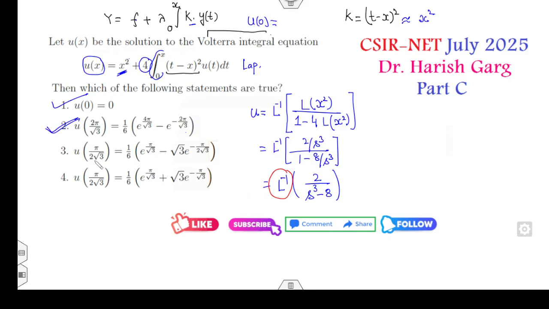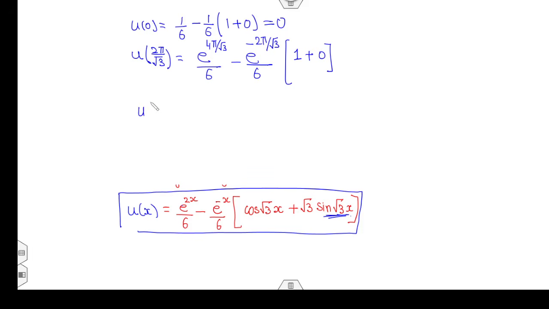What is the answer of u pi by 2? u of pi over 2 root 3. So again it will be 2x. So pi divided by root 3 minus pi divided by root 3 over 6. What is the value of cos pi by 2? Cos pi by 2 is 0 and sin pi by 2 is 1.